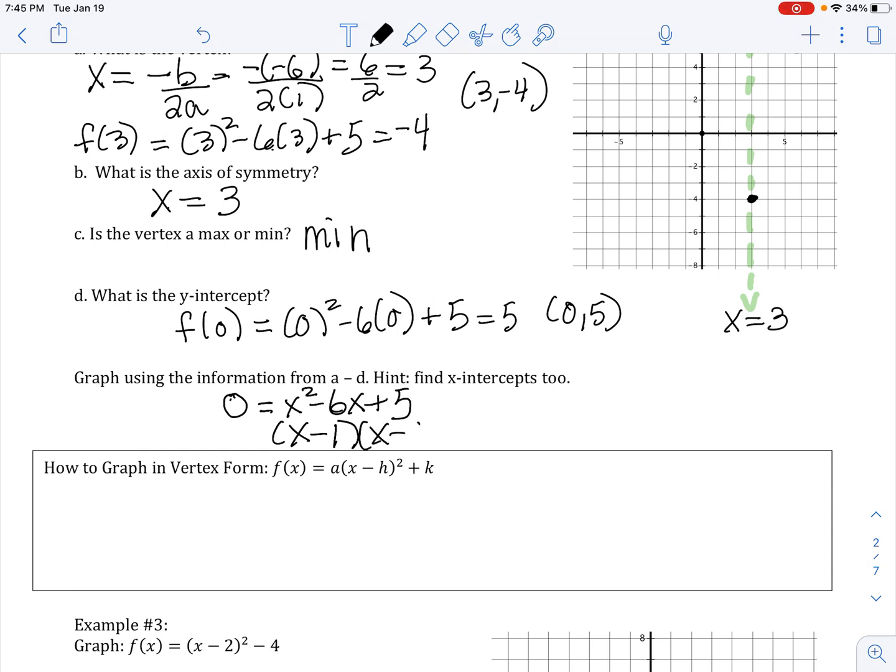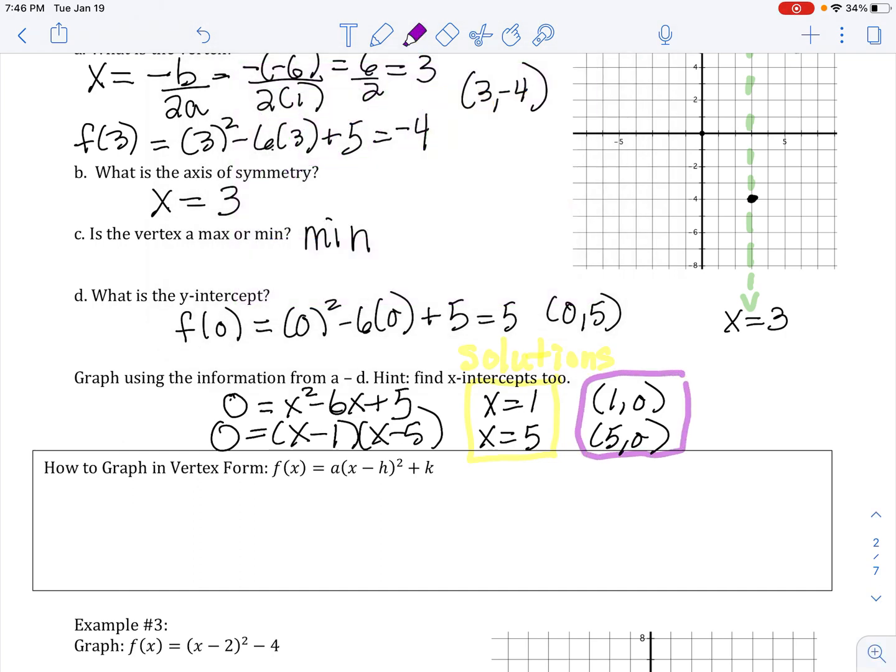Okay, so this is going to be x minus 1, x minus 5 equals 0. Therefore, x equals 1 and x equals 5, which means my intercepts are the ordered pairs (1, 0) and (5, 0). So let me just point out the difference here. It's very subtle. These are the solutions, okay?